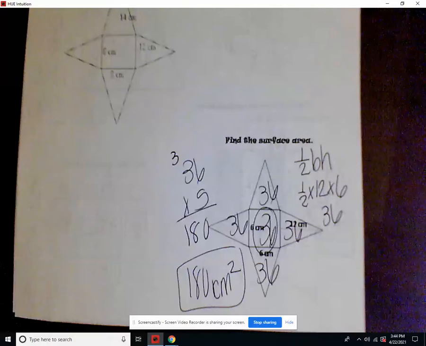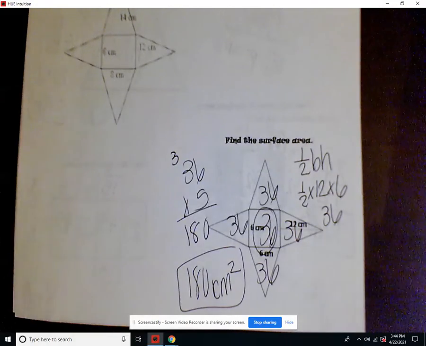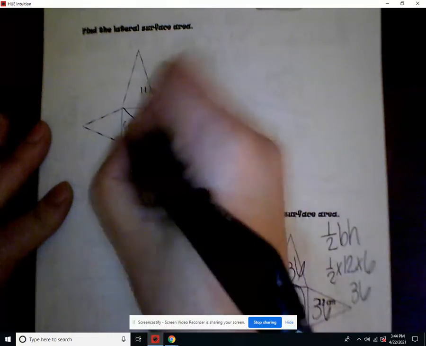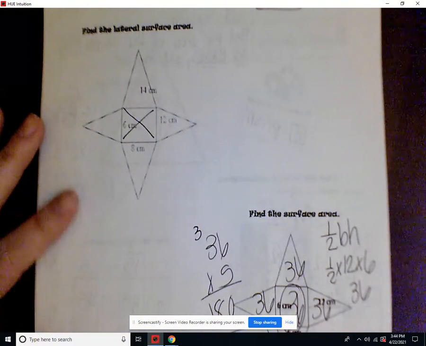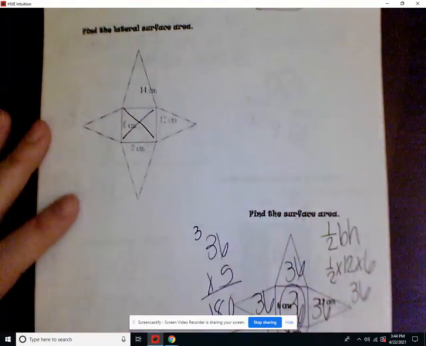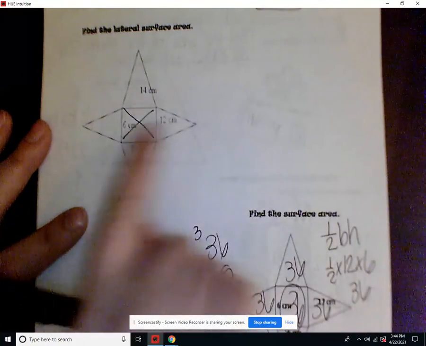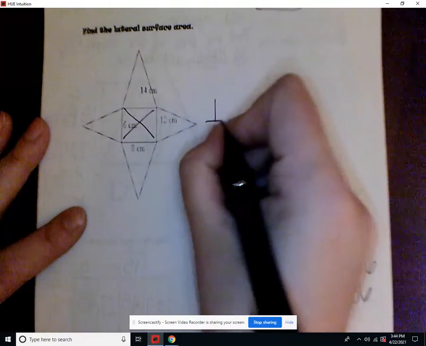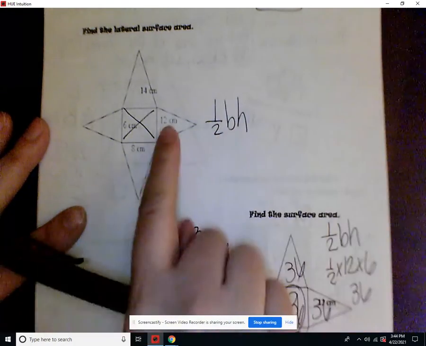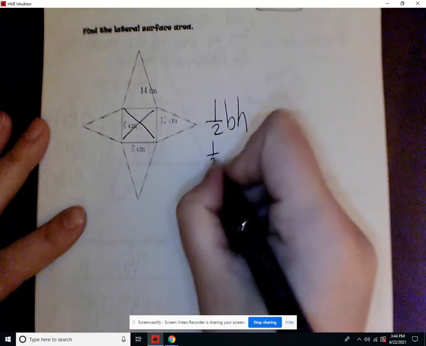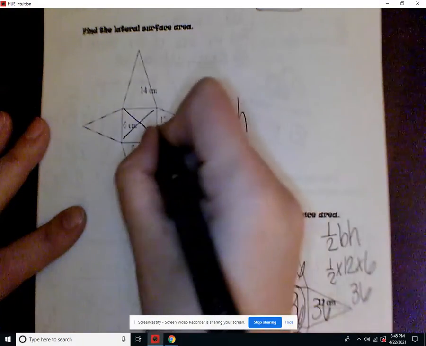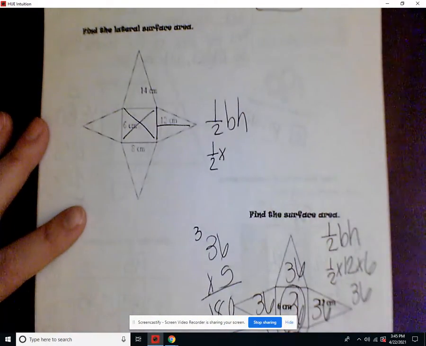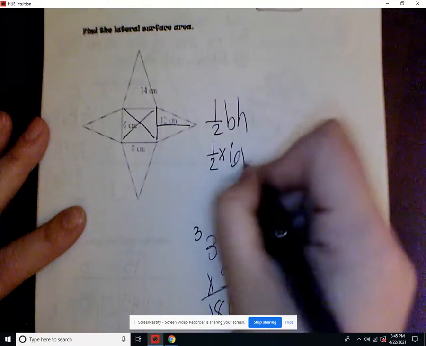All right, and for our lateral, it's everything but your base. Your base is the middle, so we are not going to do that, which is the center. So we're going to have to find the area of our triangles. We have two different heights, so we're going to have two different areas. So I'm going to just pick one. I'm doing 12. So 12 is the height, so the number on the bottom is going to be 6.